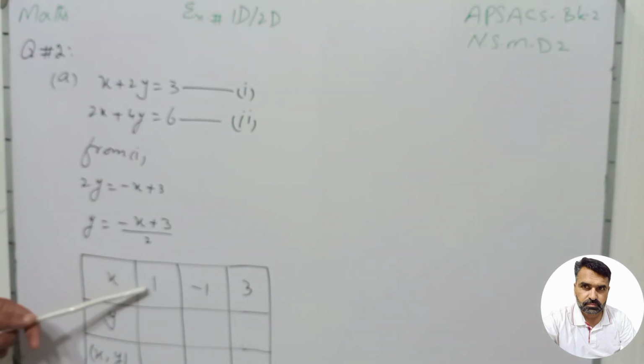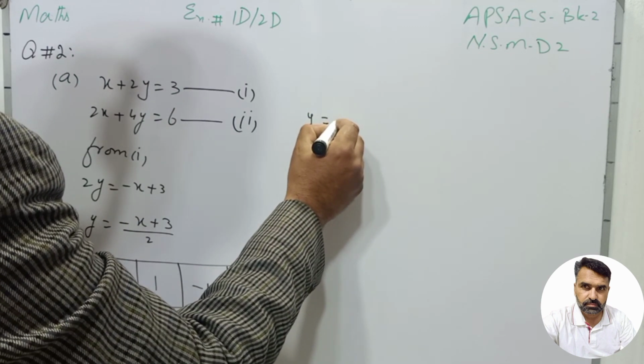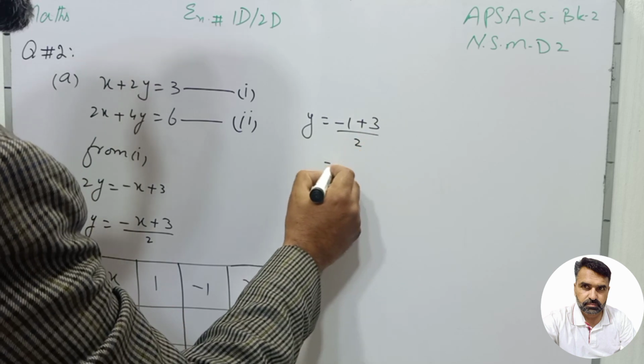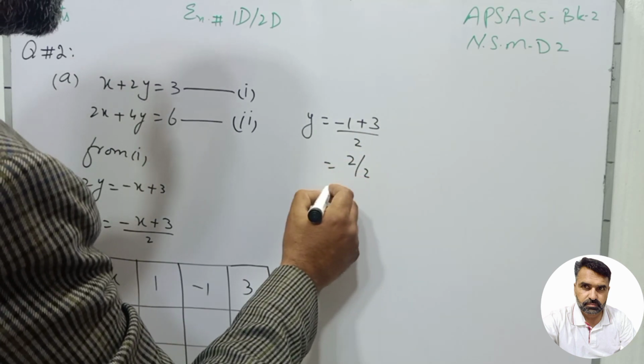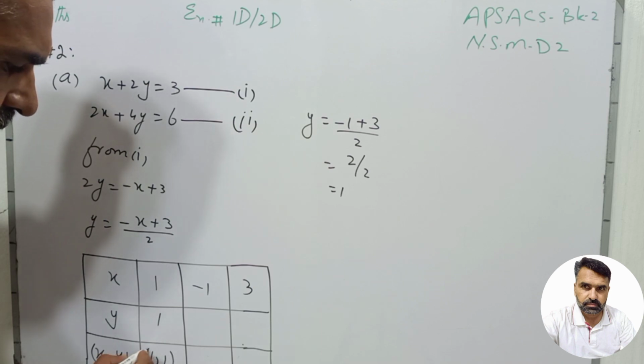If we take the value of x as 1, y will become minus 1 plus 3 over 2, and it will be 2 over 2, and the value of y will be 1, and the ordered pair is 1 and 1.